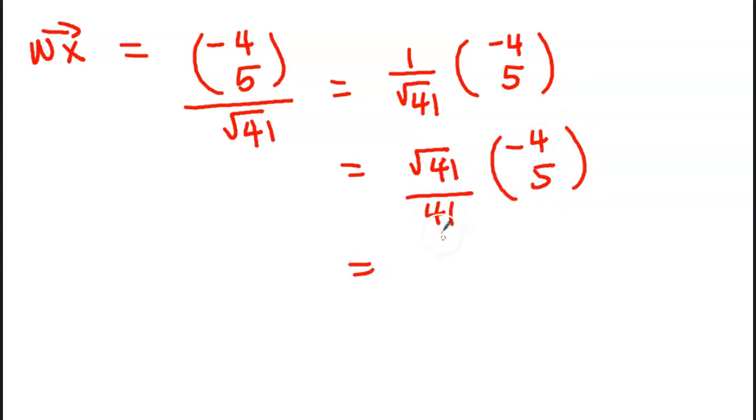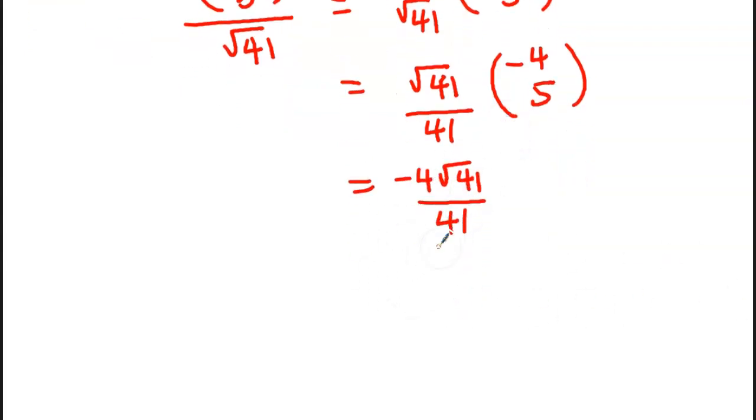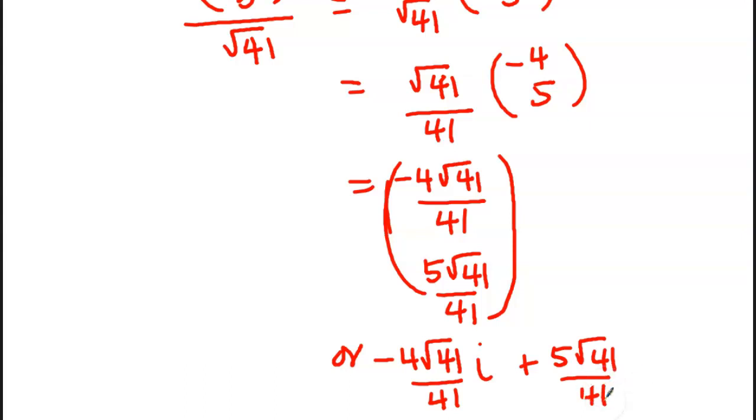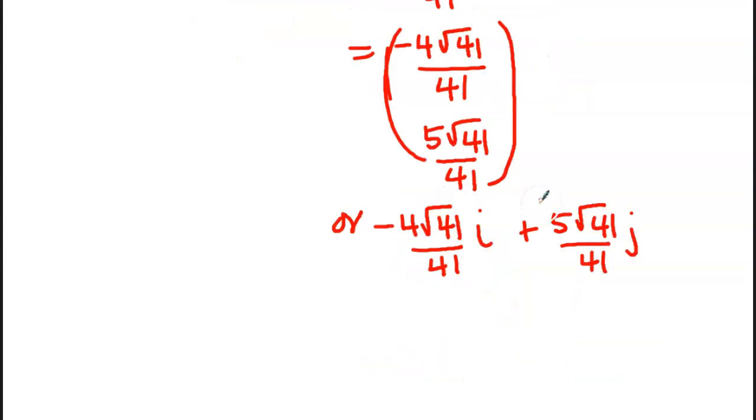You can multiply through, which will be minus 4 root 41 over 41 as the x component, and 5 root 41 over 41 as y, or you can write it in Cartesian form: minus 4 root 41 over 41 i plus 5 root 41 over 41 j. If you write your answer in any of these forms, it is fine.